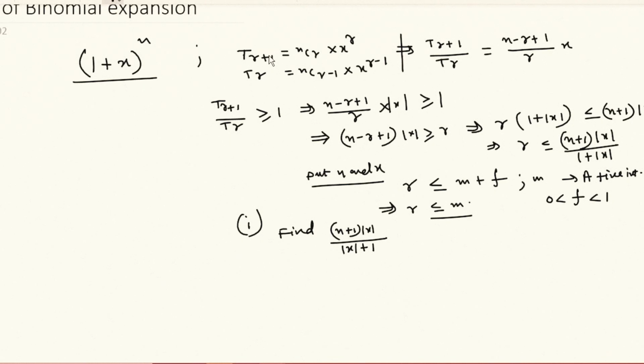Calculate this thing first. Step 2. Suppose this thing comes out to be an integer.